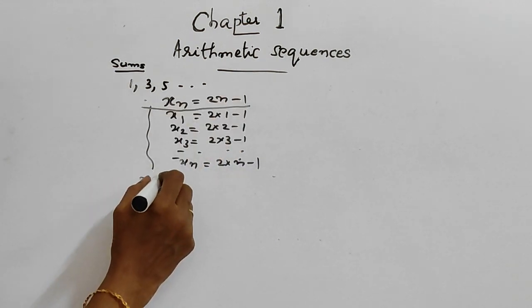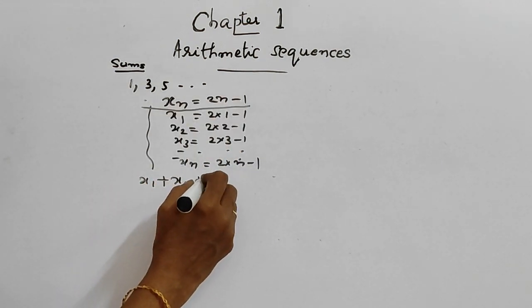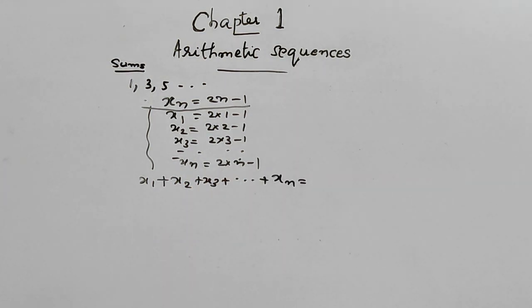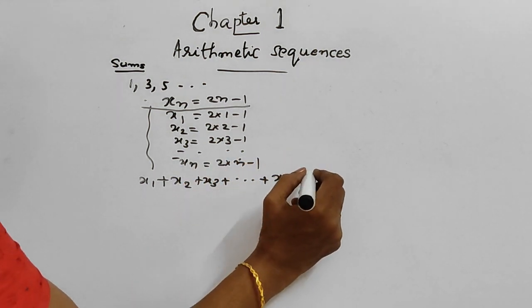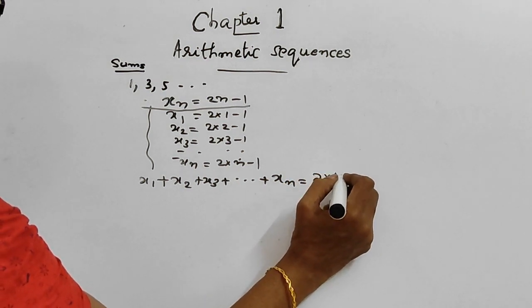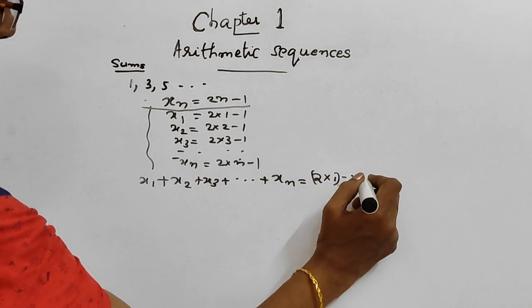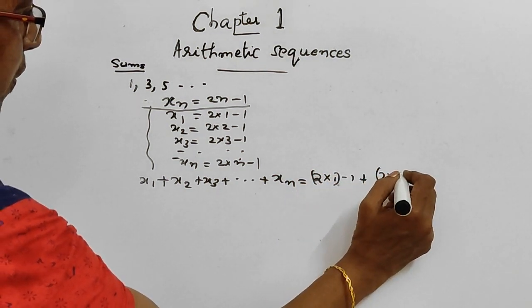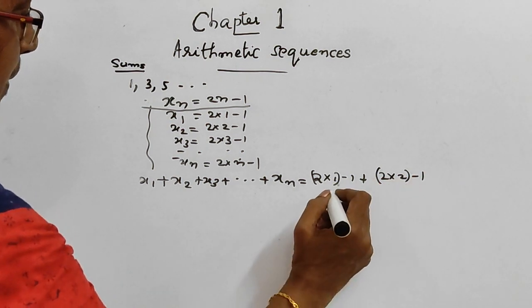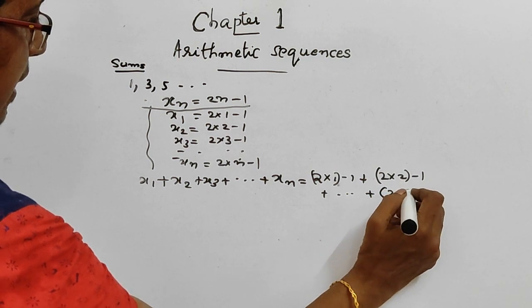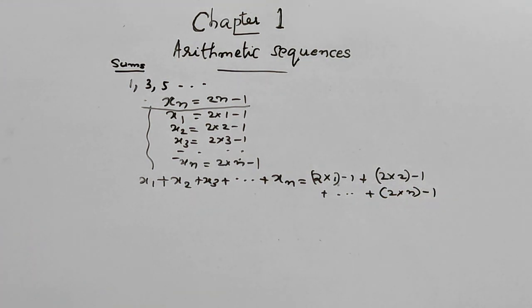x1 plus x2 plus x3 plus and so on up to xn is equal to 2 into 1 minus 1 plus 2 into 2 minus 1 plus and so on up to 2 into n minus 1. You can simplify further.